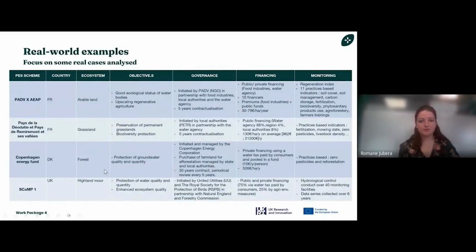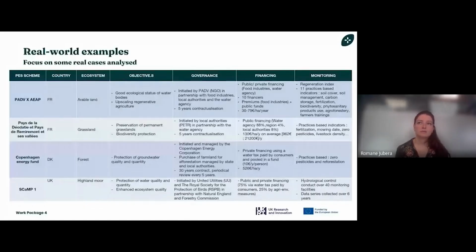We wanted to focus on some real case examples that we analyzed and that we think are interesting, to give you a good overview of what's possible. What we can see is that even given the different ecosystems, so arable, grassland, forest, or highlands, most of the time the objective of the PES is related to water preservation or water quality.